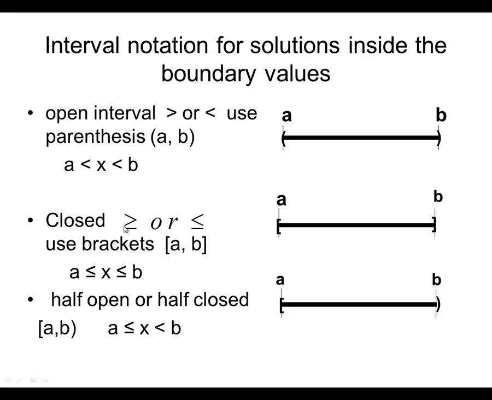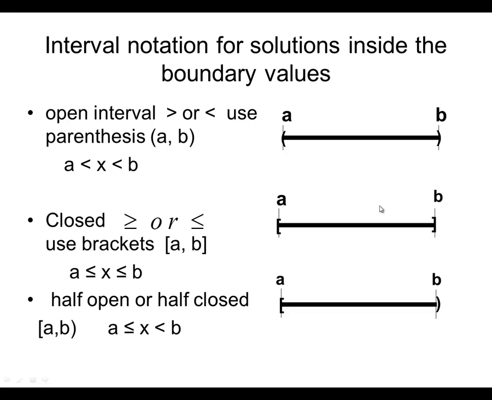Now here we have greater than or equal to or less than or equal to. We use closed brackets. So if we were to say x is greater than or equal to a but less than or equal to b, then here's a close bracket on a and a close bracket on b, because the equal sign is what gives you the clue that you need the close bracket.